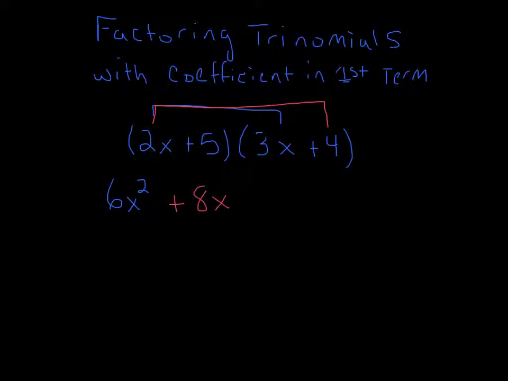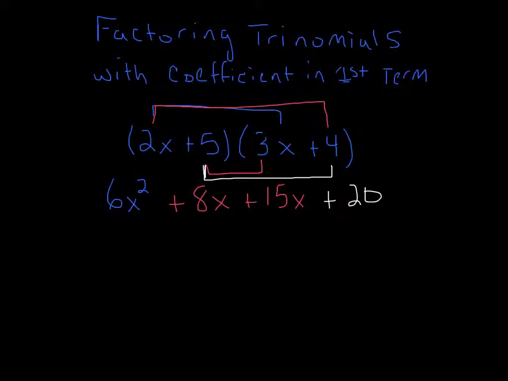Then you do the two inner terms, and you get 5 times 3x, and that'll give you plus 15x. And then finally, you do the last two, or the very last in both sets, right? 5 times 4 will give you 20.